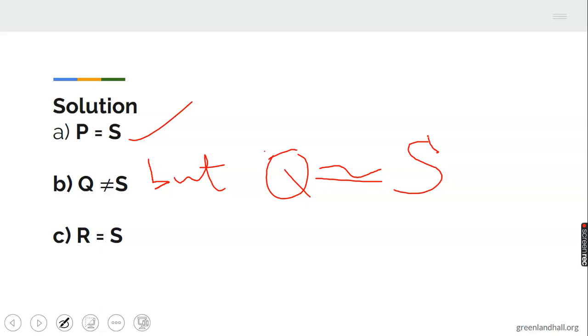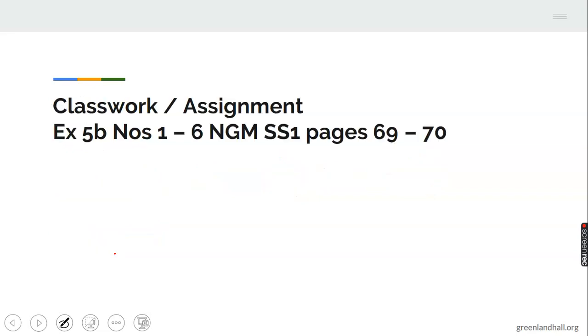Now, R is equal to S, because all the elements you have in S, you also have in R. So equivalence is also implied. Once they are equal, it means they are equivalent to each other. Now I move forward.